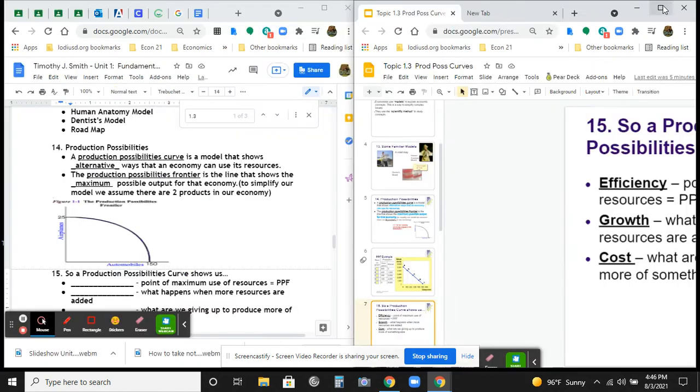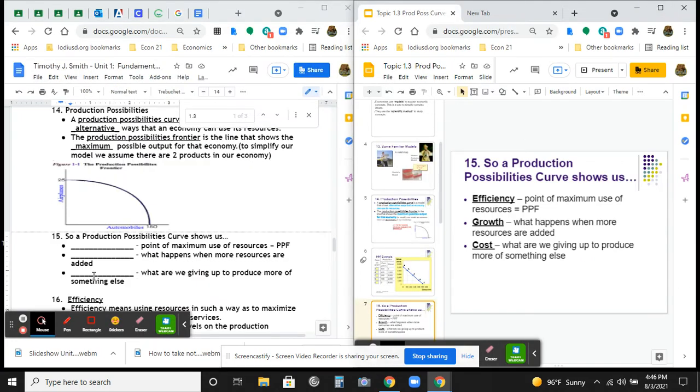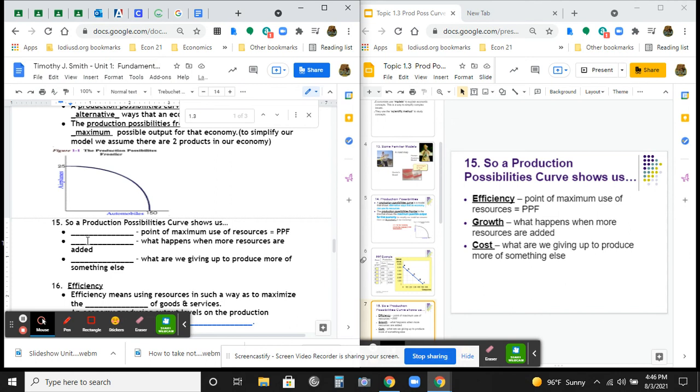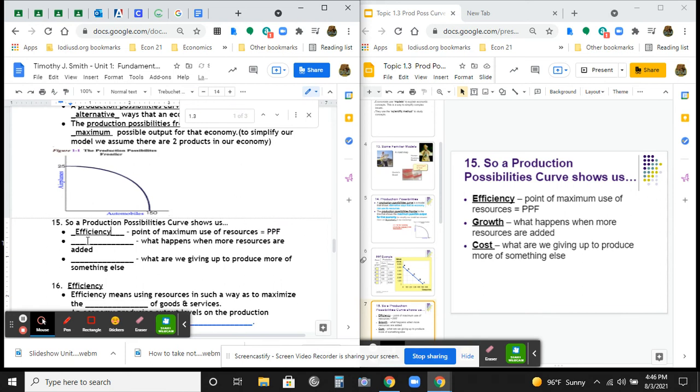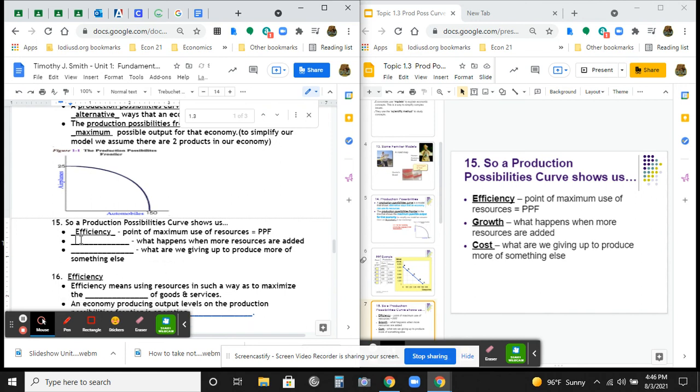So let's go ahead and go back to our split screen. Let's go to 15. When you're talking efficiency, this is a point of maximum use of resources on the production possibilities frontier. When you're talking growth, that's what happens when more resources are added. And when you get that, you're going to get a shift in the curve.